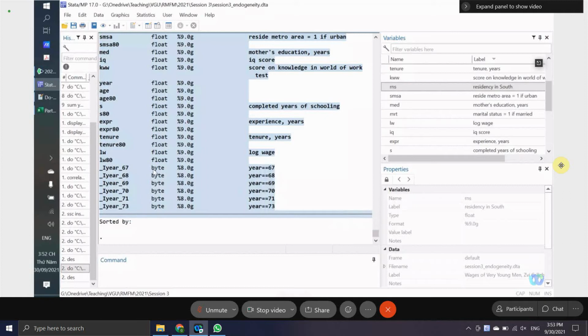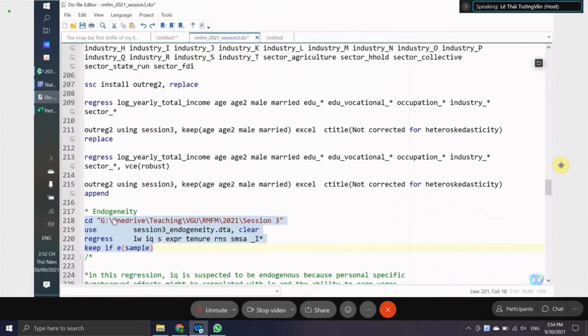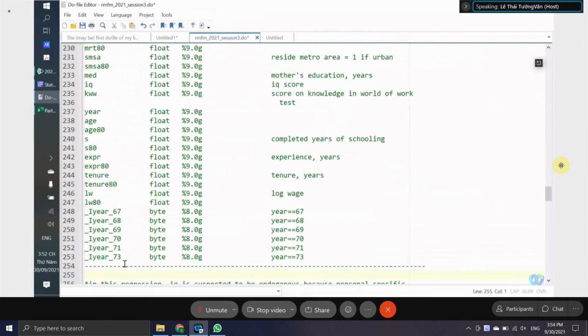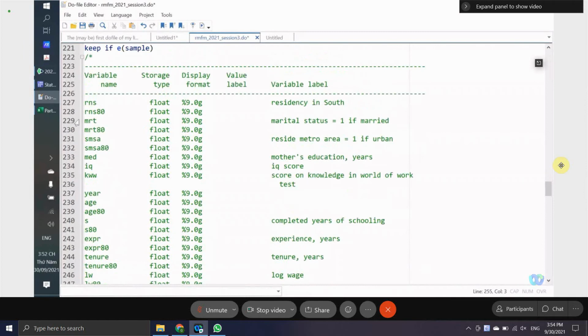Okay, so we have the labels of the variables in this way. You have variable RNS as resident in the South. MED is marital status, if one is married.